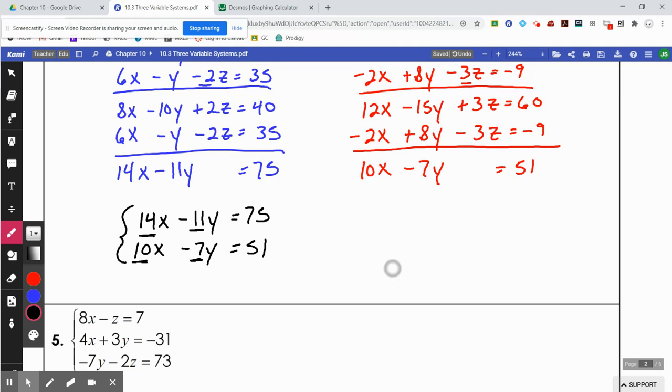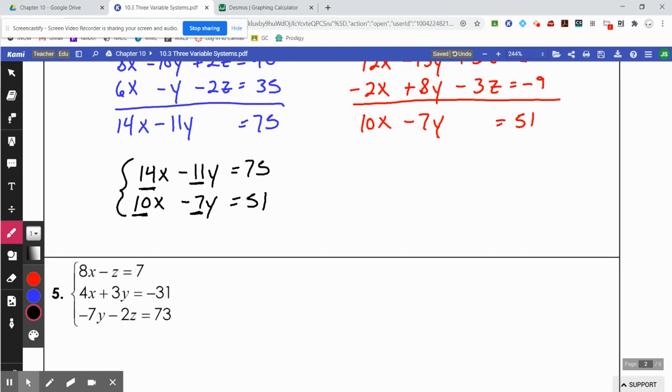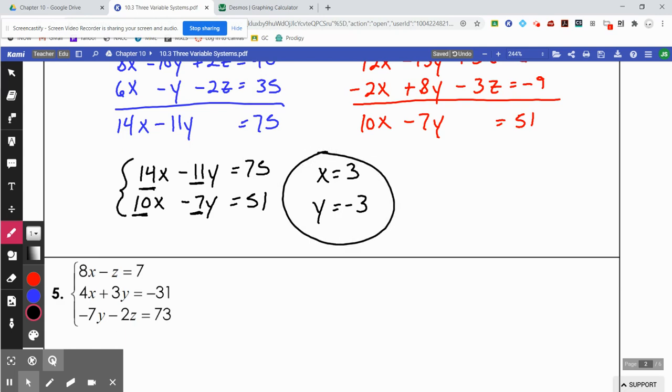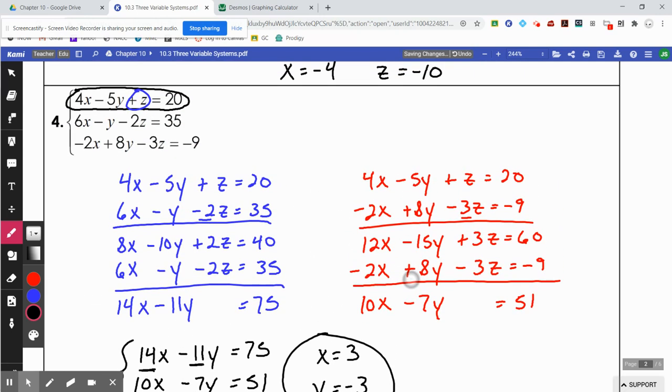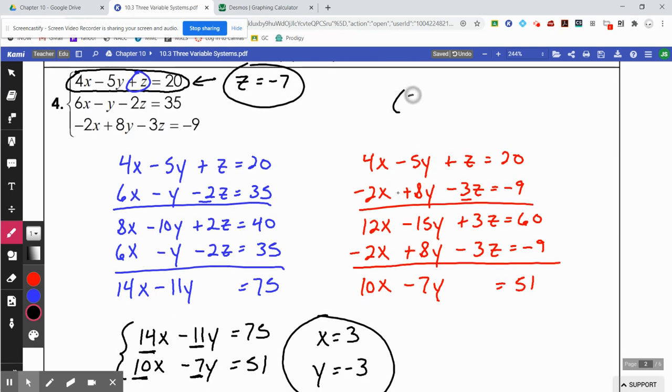But any of those methods will work. But here's what you're going to get for x and y. And now that you have your x and y, we go back to the original. We plug it into any of these, and you'll find out that z is equal to negative 7. So therefore, your ordered triple here would be 3, negative 3, negative 7. Number 5.